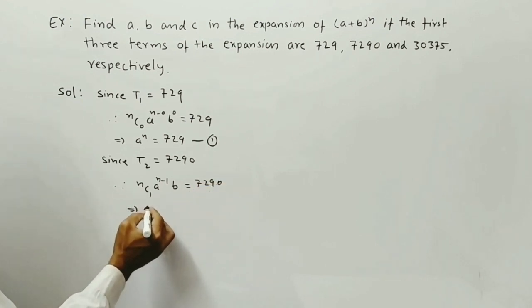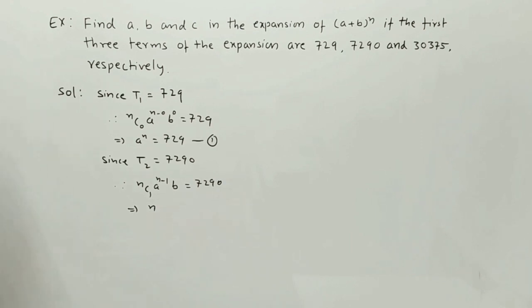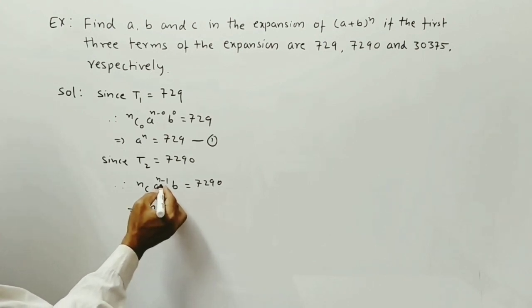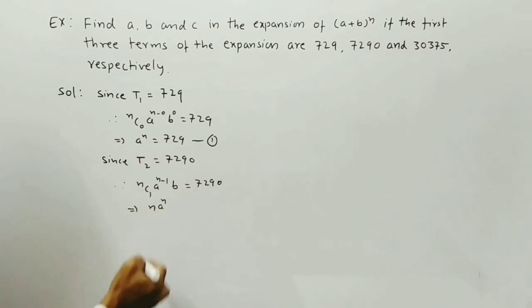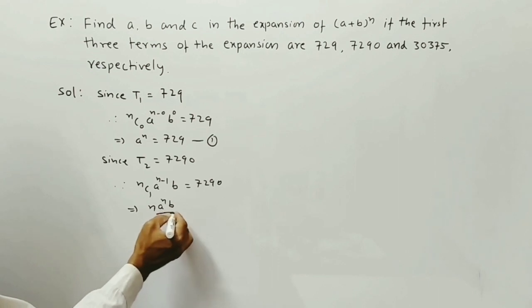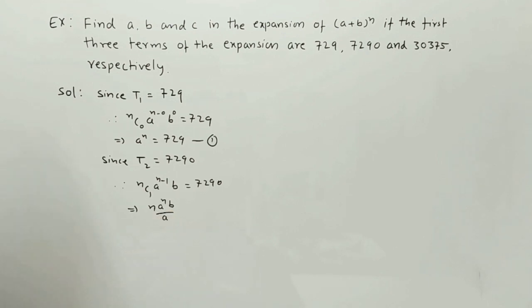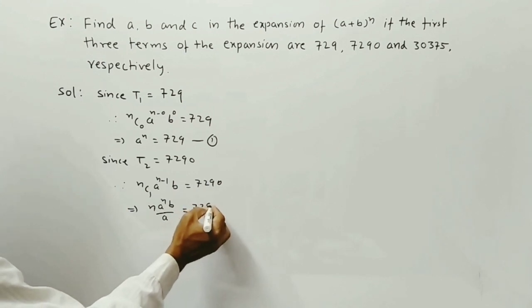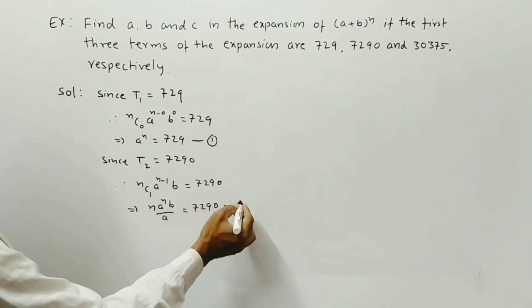This implies n into A raised to the power n into A raised to the power minus 1, that we can take to the denominator. B you can write here. In the denominator we can write A is equal to 7290. Say number 2.